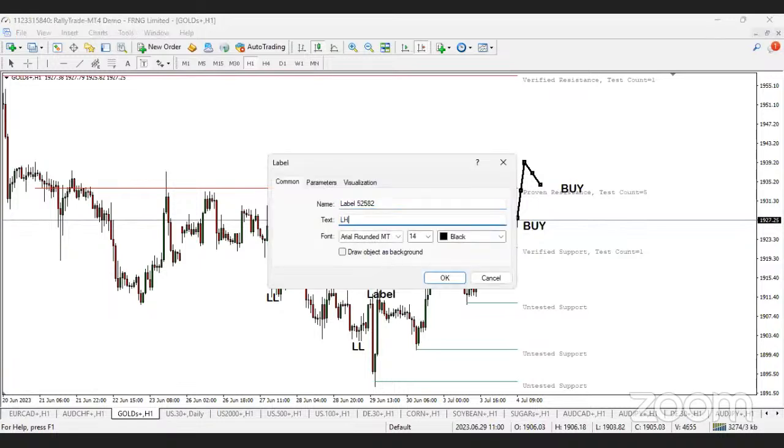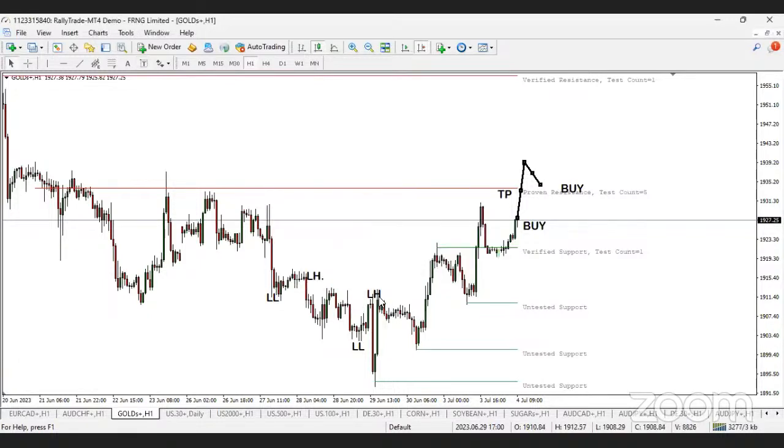So what did I say is one of the rules for knowing that the trend has changed? Price must fail to create a new lower low. If we look at this scenario here, this lower low, price failed to create a new lower low. That's number one.